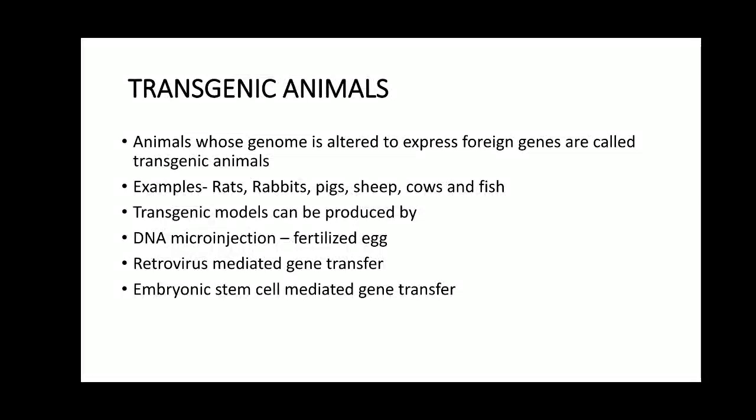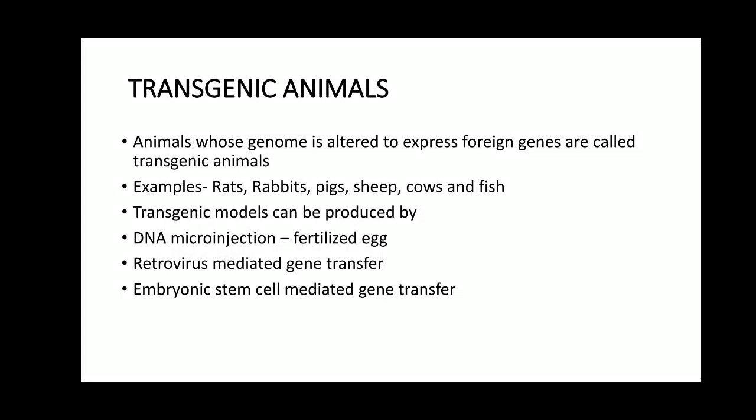Another method to create transgenic animals is retrovirus mediated gene transfer. Why? Because retroviruses are used as cloning vectors to clone genes in animal cells.